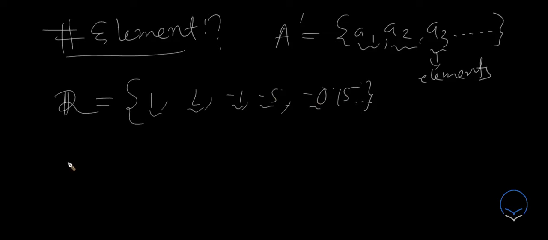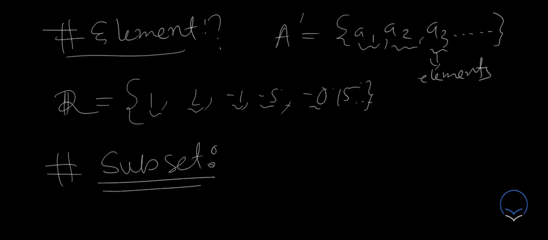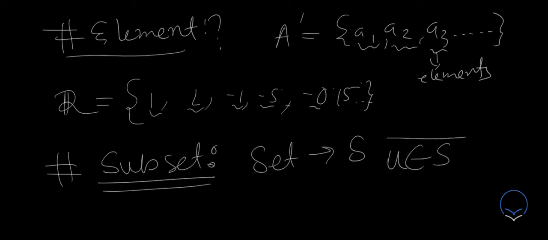And the next thing we want to see is something called a subset. So what is a subset? Let's say we have a set called S and we say that there is an element U that belongs to the set S, right?